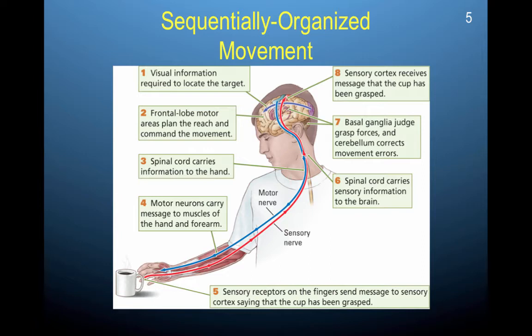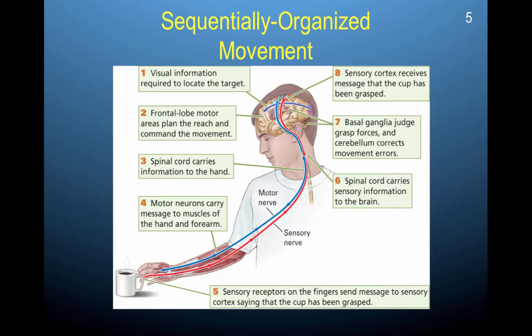So if we want to, as in the example here, pick up a cup, then we have to have visual information to locate the target. Then we have to have frontal lobe motor areas plan the reach and the command functions for the movement. And then the spinal cord carries the information to the hand.